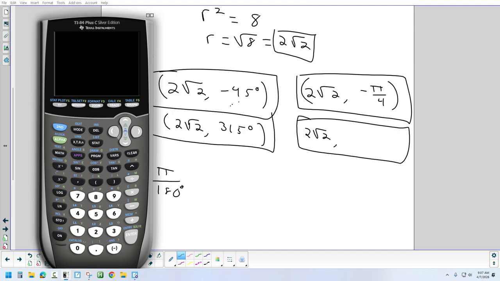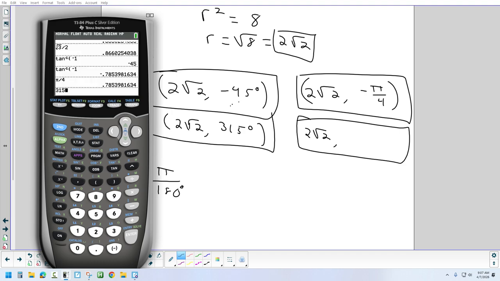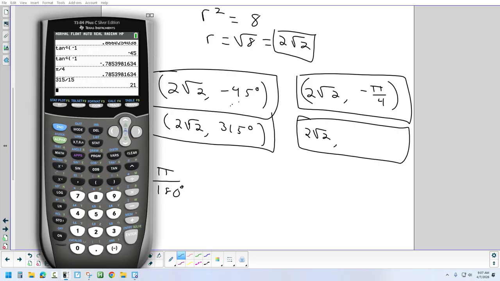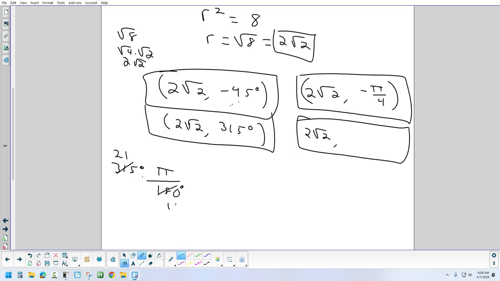If you divide 315 by 15, you get 21. And if you divide 180 by 15, you get 12. So what number goes into both 21 and 12? 3. So if 15 goes in and 3 goes in, what number would have gone in originally? 45. 15 times 3.